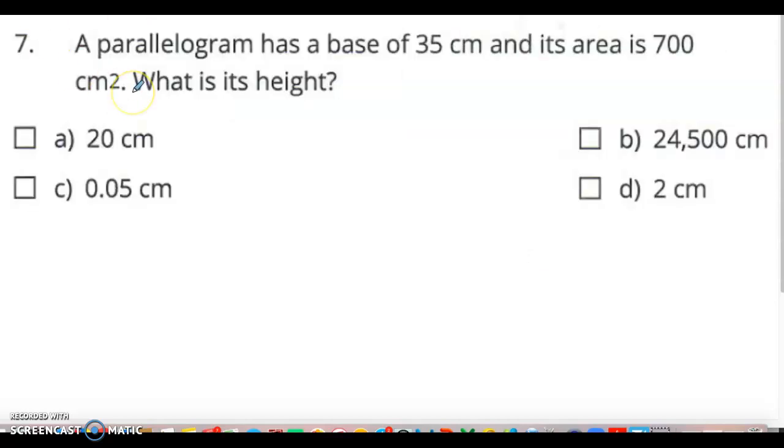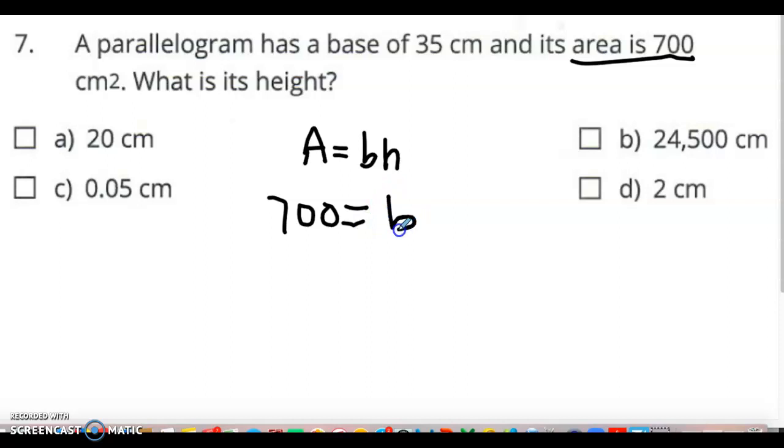Okay, for number 7, a parallelogram has a base of 35 and an area of 700. So be careful. The formula is area equals base times height. You want to plug in 700 for the area. You don't know the base.